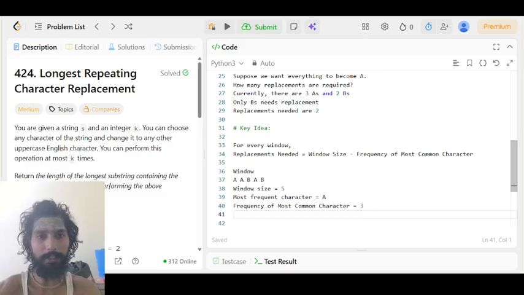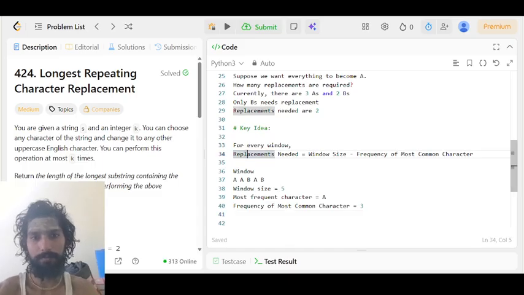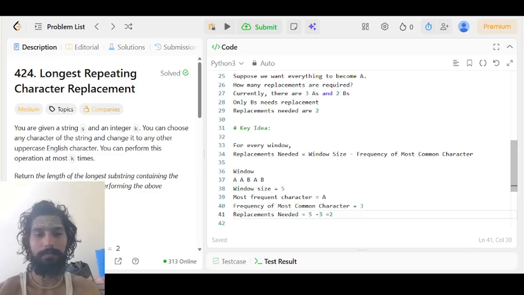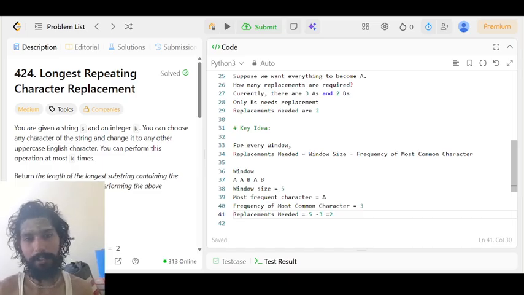Therefore, replacement needed is equal to 2. So it is exactly correct. This single formula is the heart of the problem.